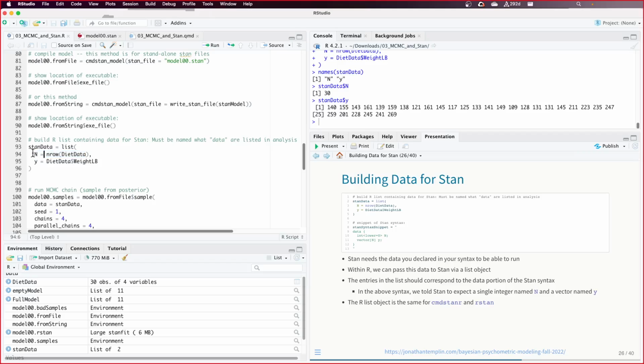So here, stan data has all of the things that you told Stan to expect in terms of data coming in. If you don't have something in there, Stan will not like it. Stan will tell you, hey, you don't have N. What's your problem? You told me there'd be N here. Any questions about that?